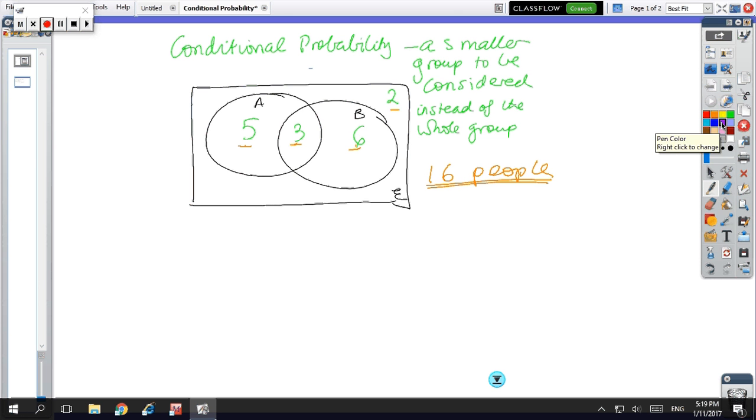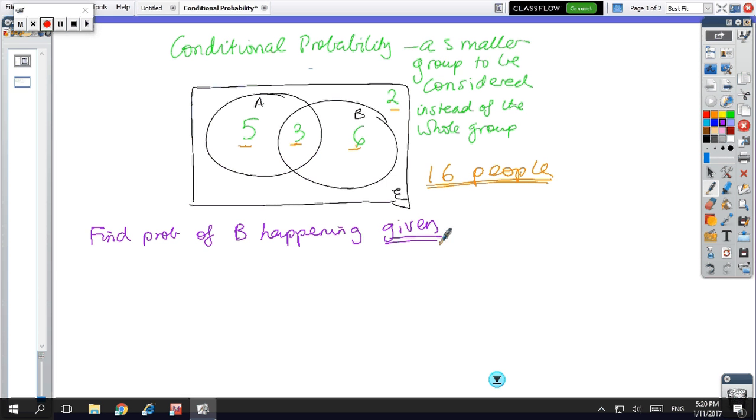So here's an example. Find the probability of B happening given that A happens as well. And in notation, just so you know, this can be shortened.